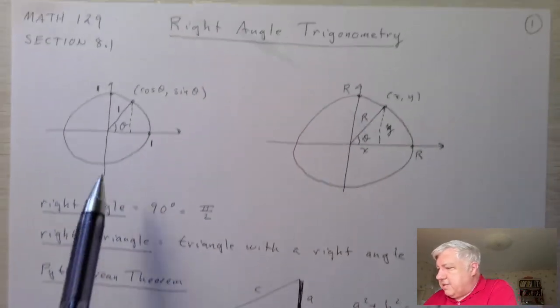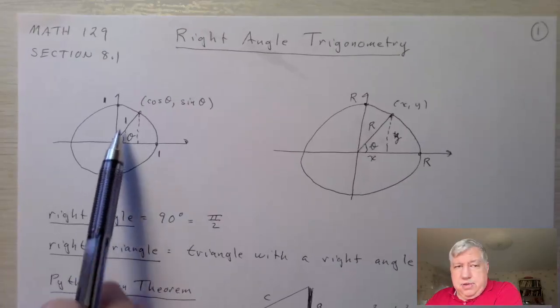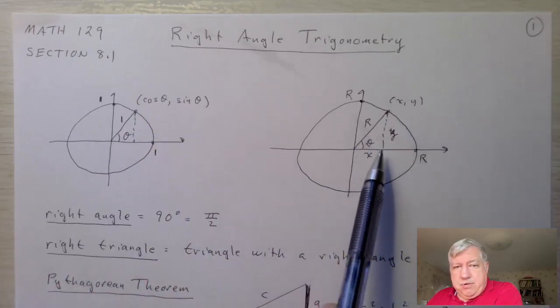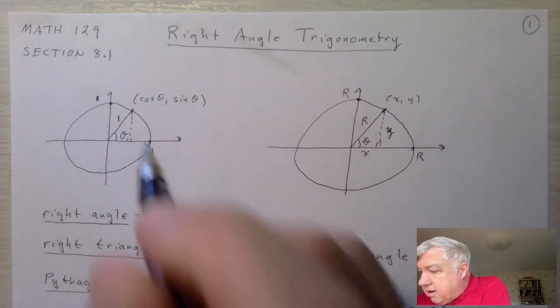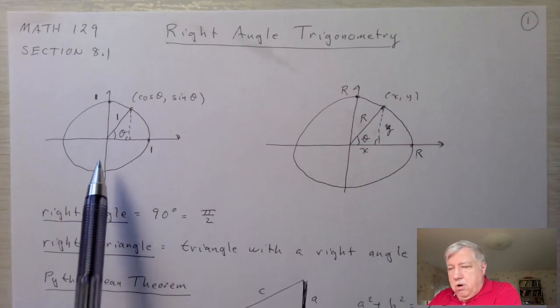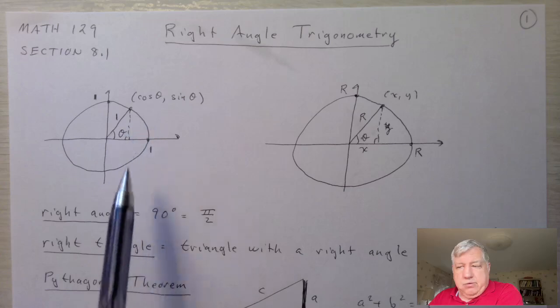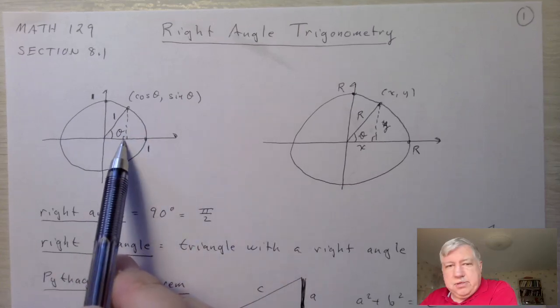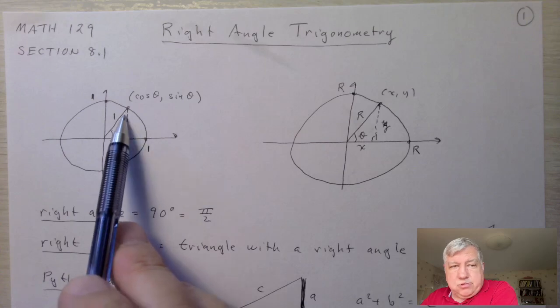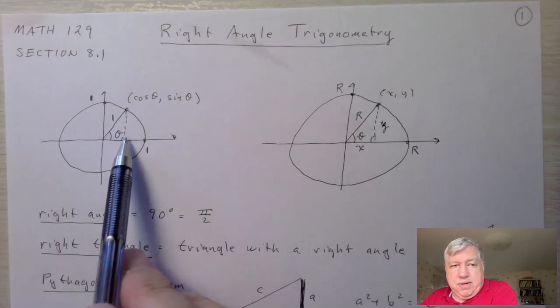In this case, these two triangles are right triangles, and they are similar in the sense that all three angles are the same. We have an angle here that's theta, the angle here is 90 degrees, and whatever this angle is, it's going to be 180 minus theta minus 90, right?